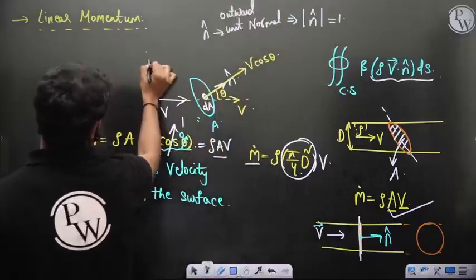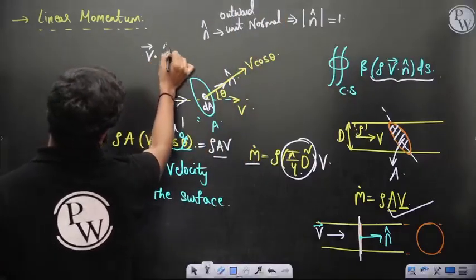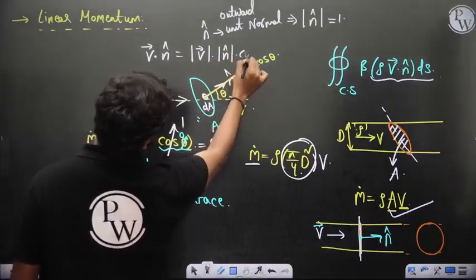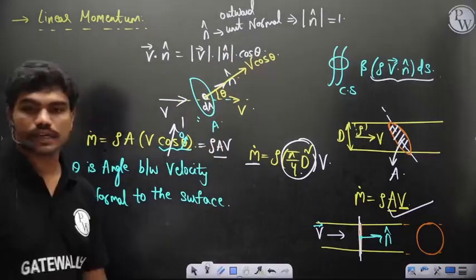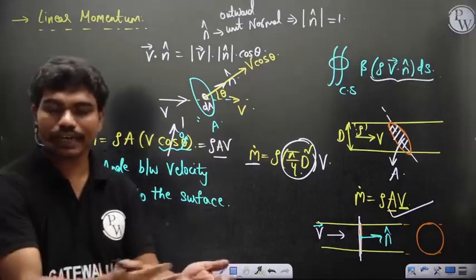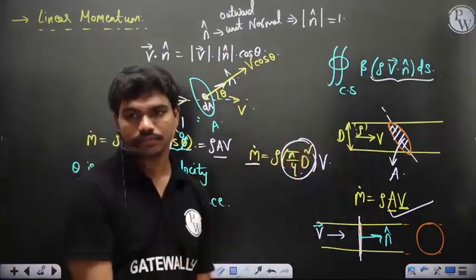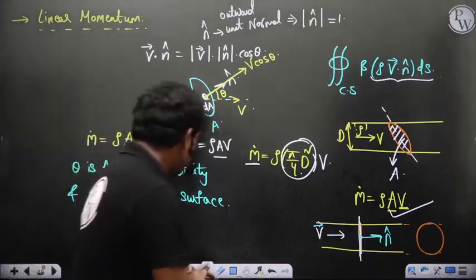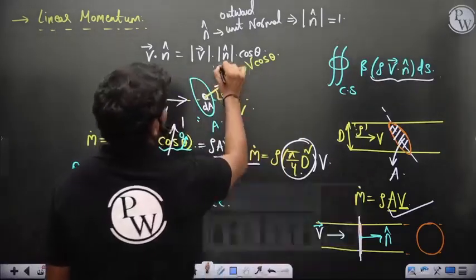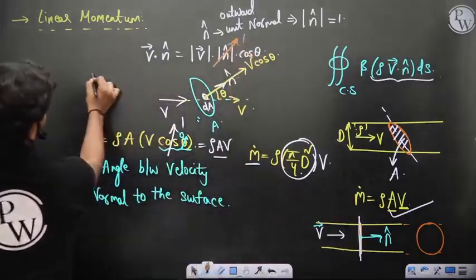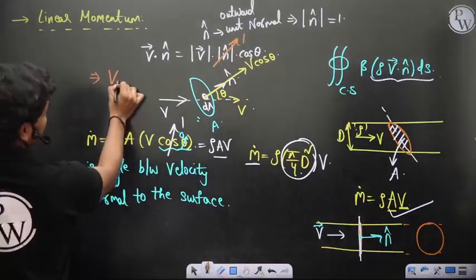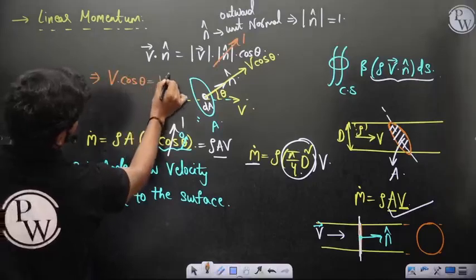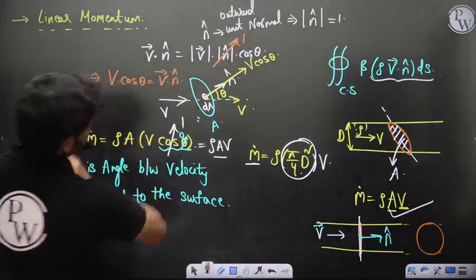Can I say, correct, yes or no, that a dot b is equal to mod a into mod b into cos θ? You studied this in class 11 and also in diploma first year. Now the magnitude of velocity, I'm writing it as v cos θ, because v into 1 into cos θ is v cos θ. I can write this as v dot n here.